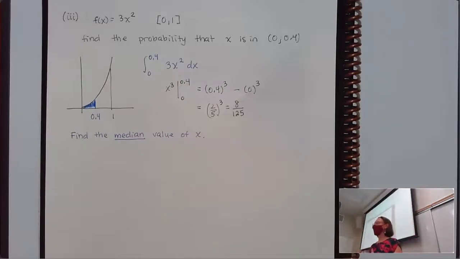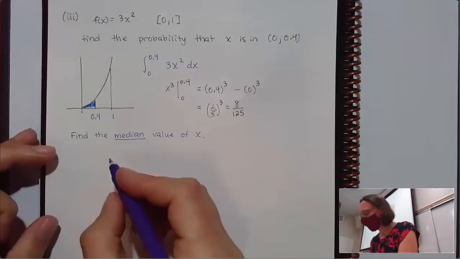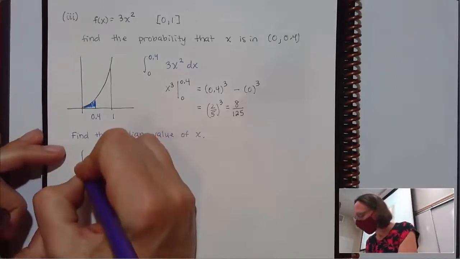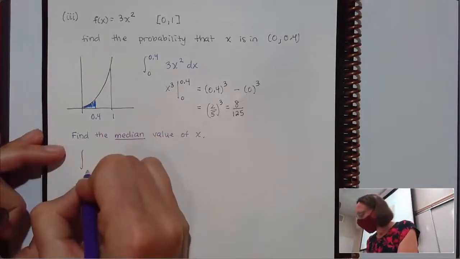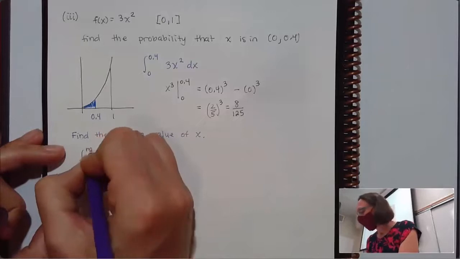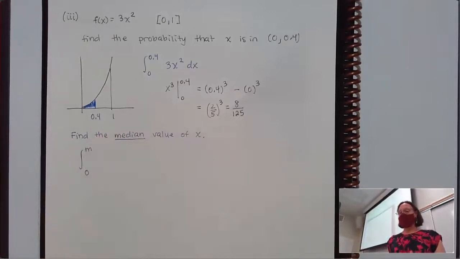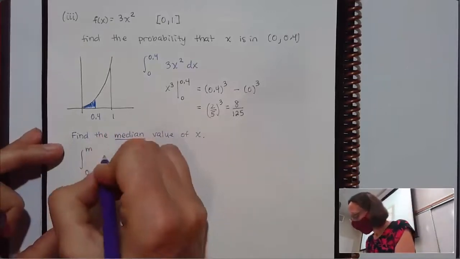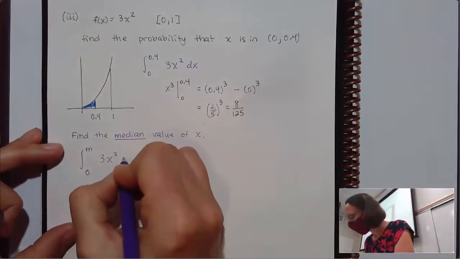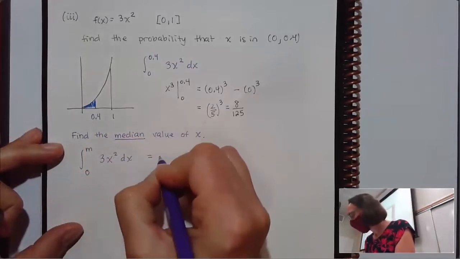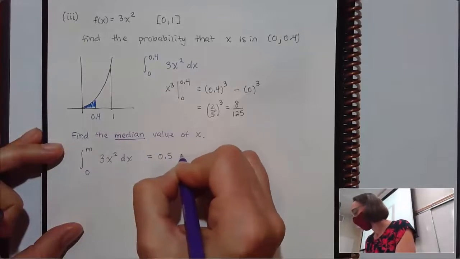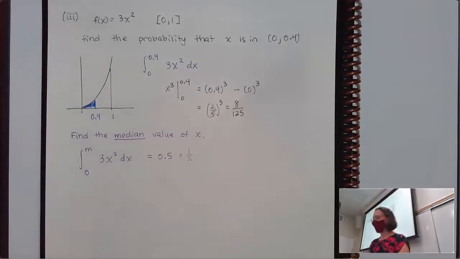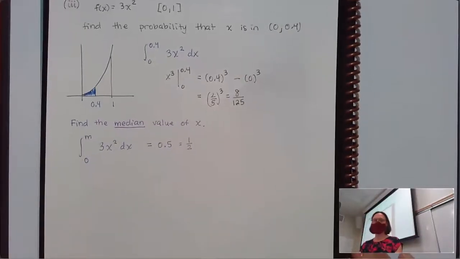Or you can think about it as the place where your probability finally reaches 50%. So as an integral, I would be looking to go from 0 to what I'm going to call m for the median for this function. And I need that to equal 0.5 or 1/2, depending on whether we like fractions or decimals.